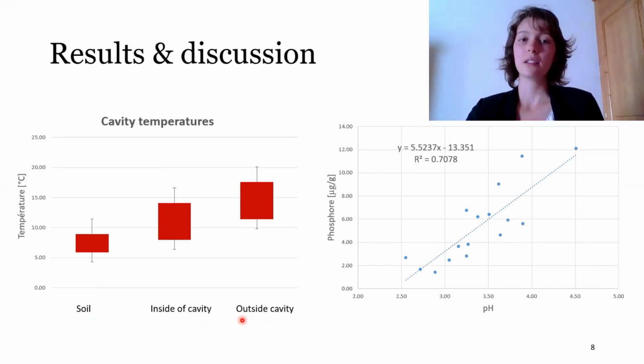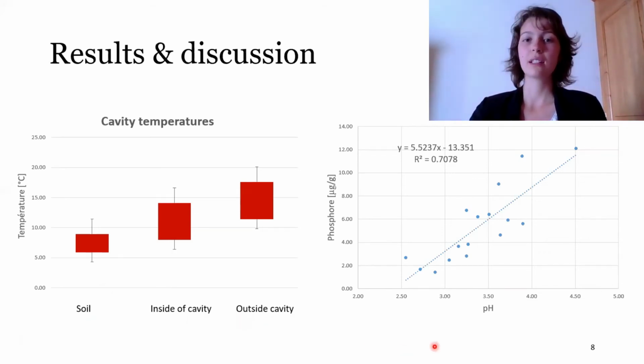The graph on the right shows that the phosphorus level is clearly correlated with the soil's pH. Besides, I found out that phosphorus levels in the rot holes are up to 10 times higher than in similar environments, and the pH levels vary between 2.6 and 4.5, which proves an exceptionally strong acidity level for such kind of natural environments.